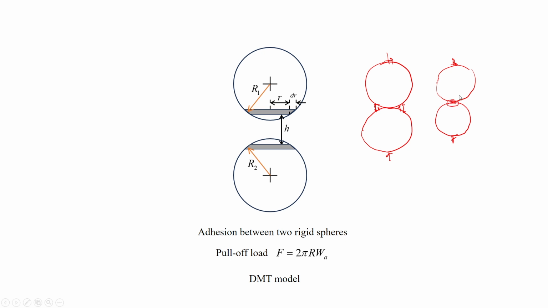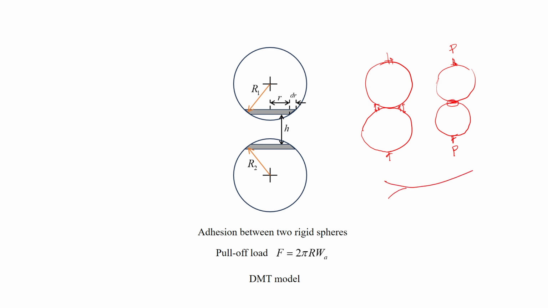In Hertz mechanics, when there is no interaction between them and we apply some load like this, the contact area is not a single point but a finite contact area. But what the DMT model suggests is that if there is an attraction between them, the attraction can be outside the contact area.